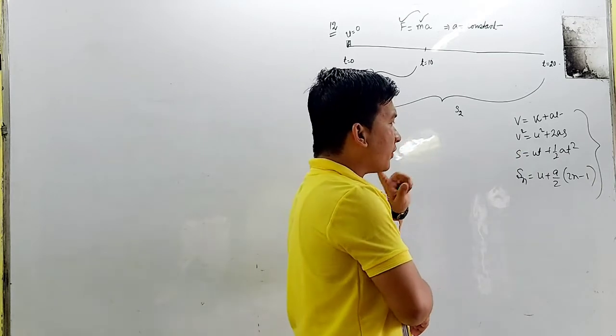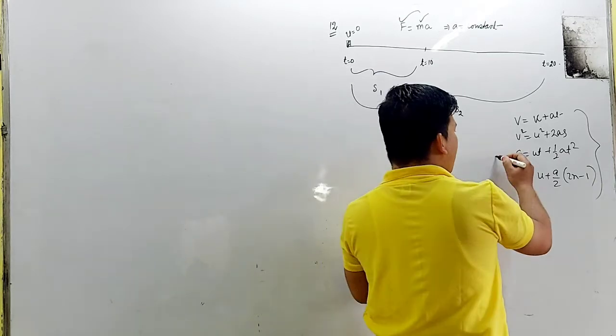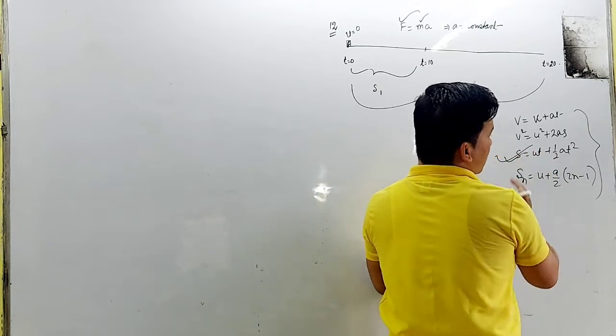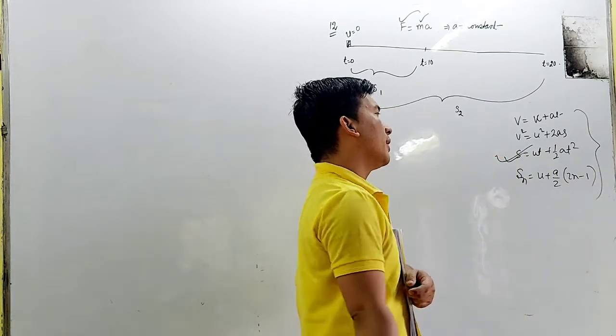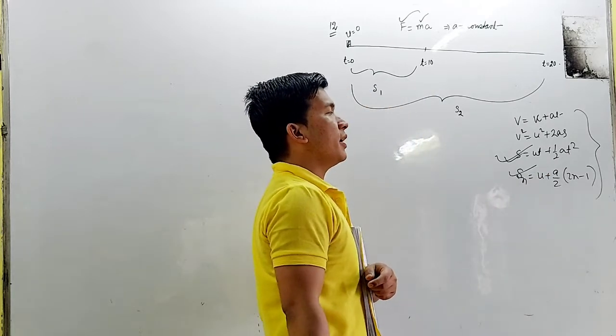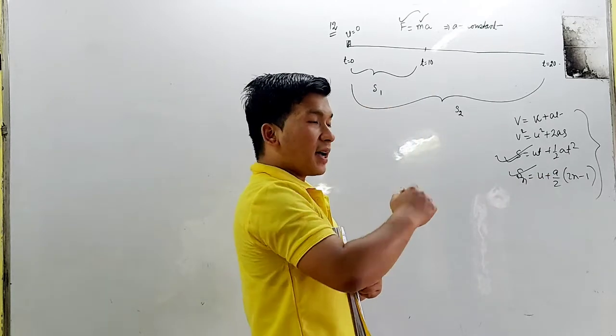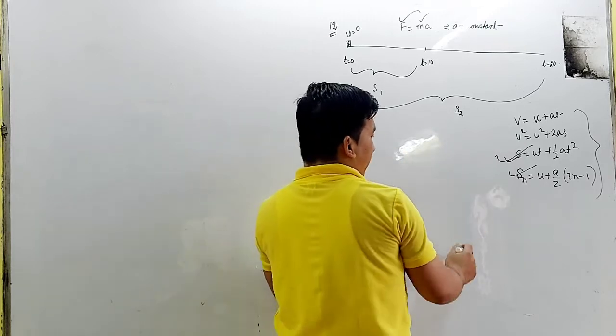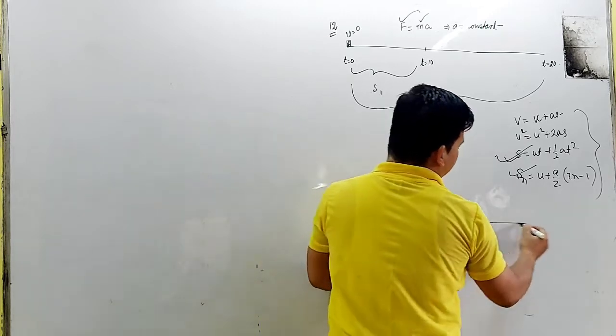And what is the basic difference between these two formulas, when you apply s equal to ut plus half at square, and when you apply Sn equal to u plus a by 2 times (2n minus 1)? Yesterday I briefly explained this. Anyway, I will rewind this a bit.